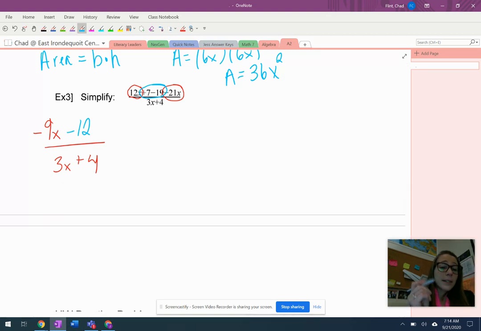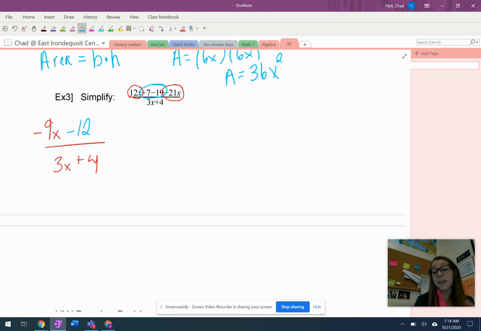So here, you might be thinking that you can simplify that 9 and that 3x and that 12 and that 4. Well, fact of the matter is that you actually can't do that. You can't do that because of this addition and this minus sign. That minus sign, you can't break those pieces up. That addition sign, you can't break them up.